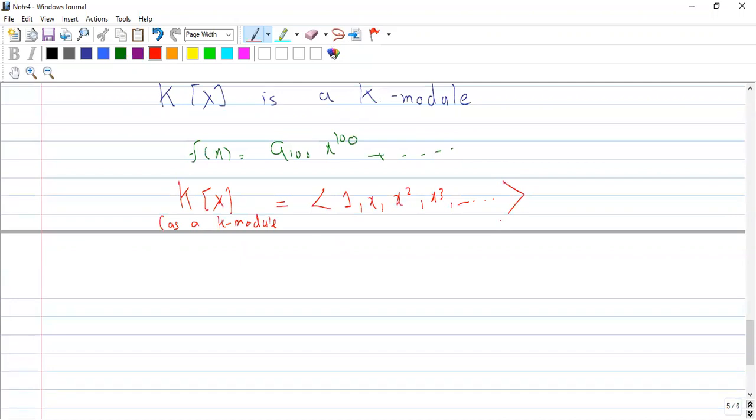Why? Because whenever you will have an arbitrary polynomial, it could be a linear combination of some finite polynomials, but there is no degree bound on the number of monomials. So that's why we need to take in the generating set monomials of any degree. हमें किसी भी डिग्री का monomial हमें चाहिए होता है generating set में.